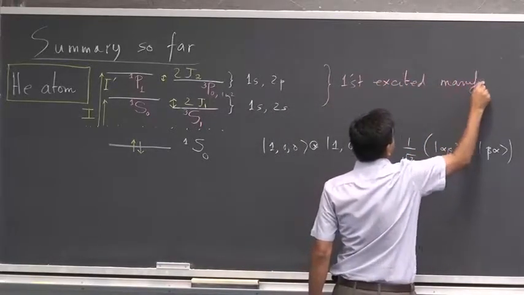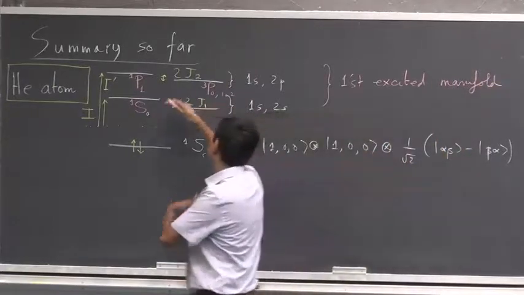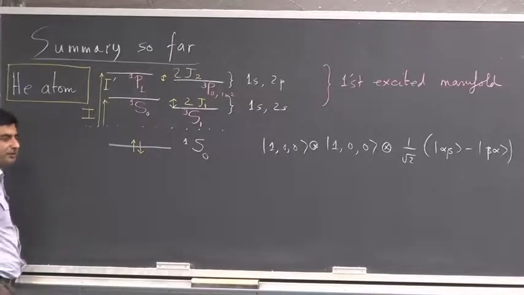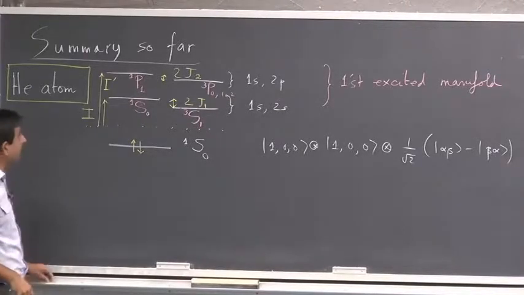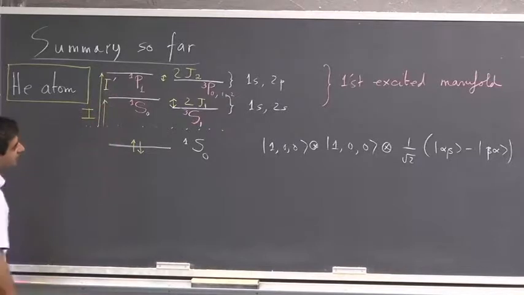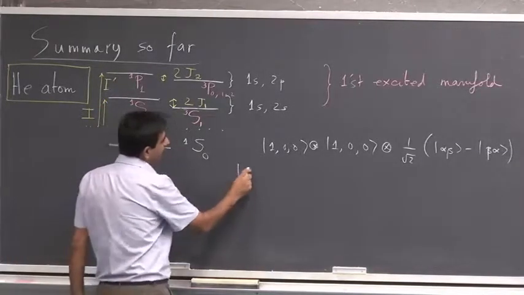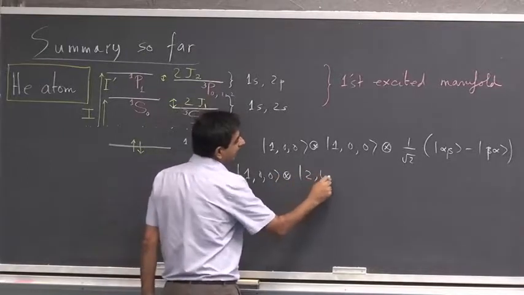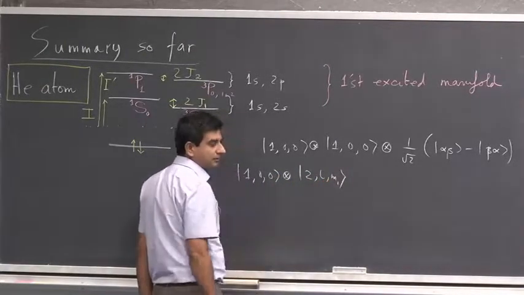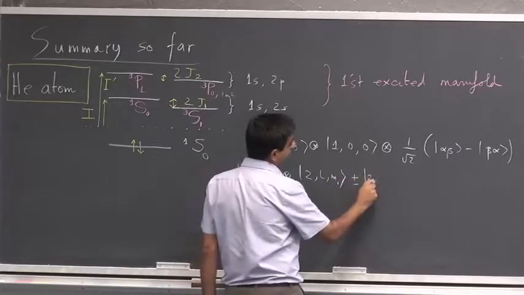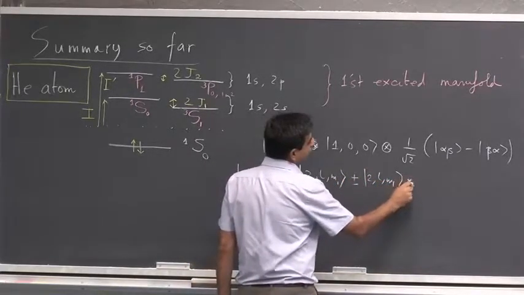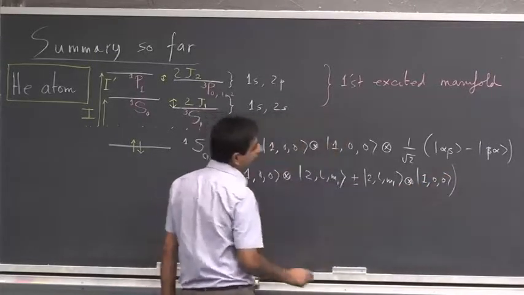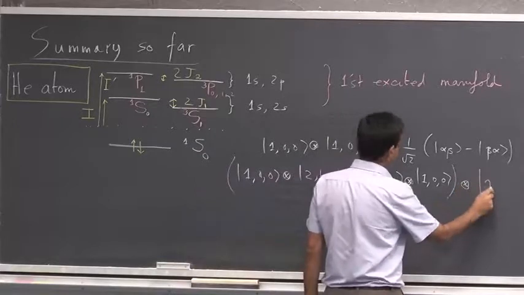And within each of these states there is a splitting, which is a result of the exchange interaction. This is something we've learned about the helium atom. By the way, these excited states are given in the general form as follows: 1, 0, 0 crossed with 2 L M L, plus or minus 2 L M L crossed with 1, 0, 0, with the appropriate singlet or triplet state.